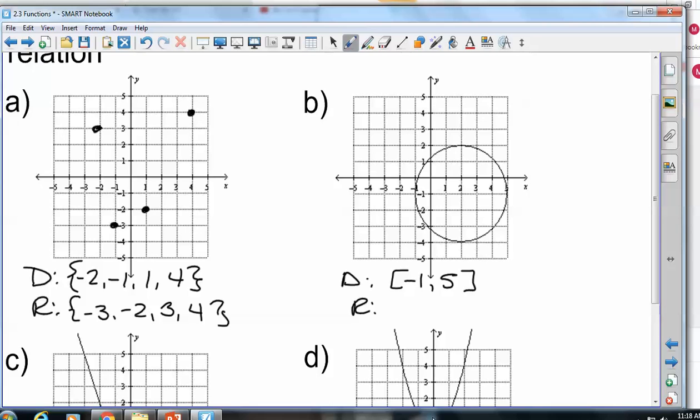The lowest y value we hit is -4, and it stops when we get to 2. And again, we're using that interval notation because it's hitting everything in between there. So far, so good?